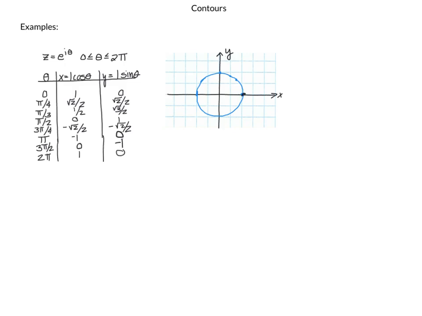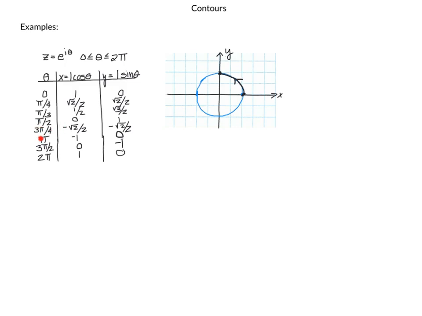As we progress, and I'm just going to go for a few points, to pi over 2, then we saw that x was 0, y is equal to 1, so we progressed along the curve, and we're progressing in a counterclockwise direction.